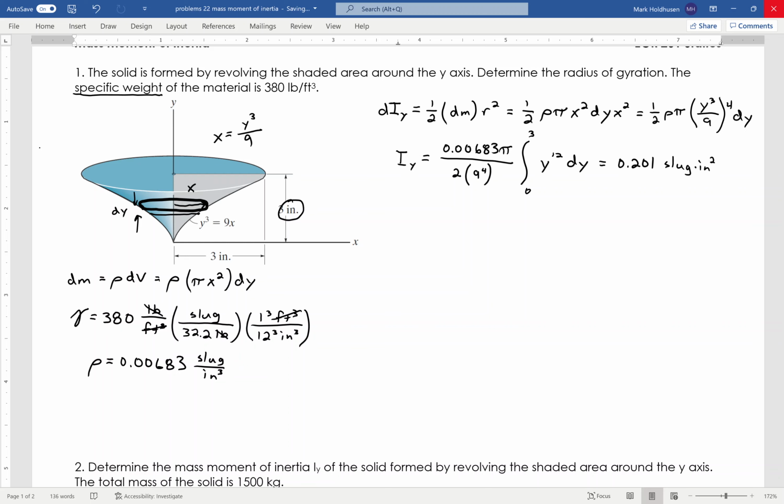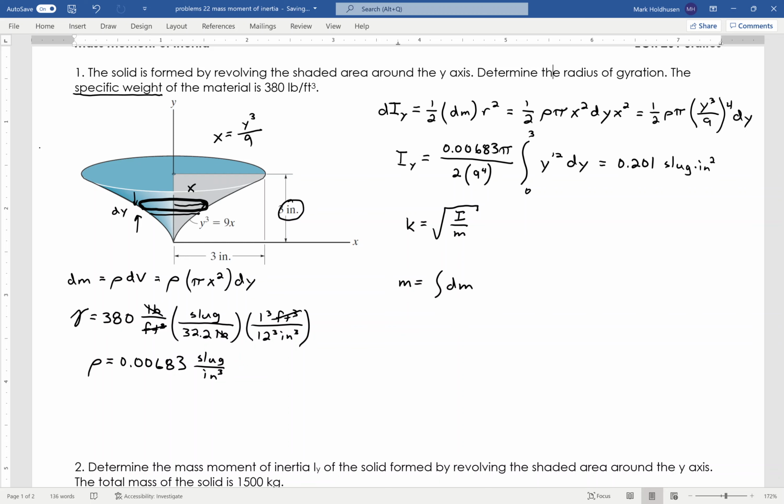However, this is wanting me to find the radius of gyration, which is defined as the square root of I divided by m. So now I need to find the mass of this entire object, and I do that because I know that my mass, I can just integrate dm, right?